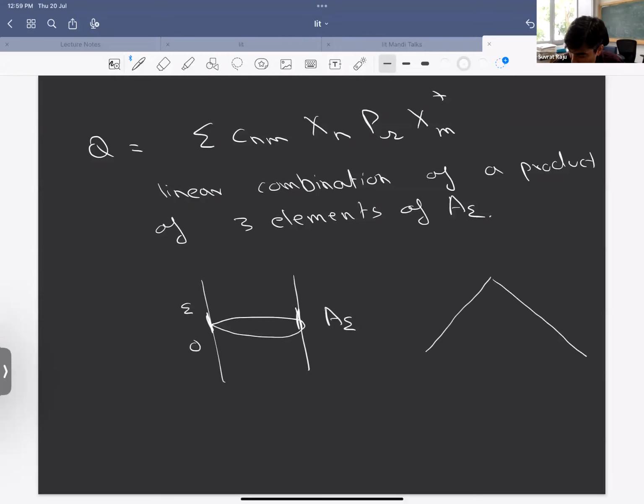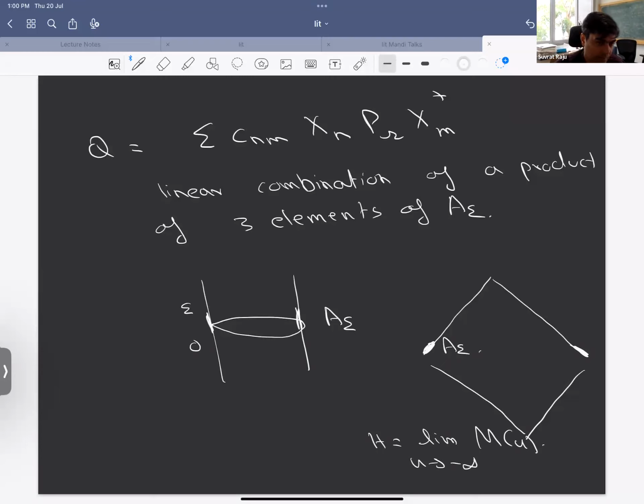Similarly, and maybe I should have been more clear about this, in flat space, my A epsilon was defined here, and in fact the Hamiltonian is defined here. In flat space, the Hamiltonian is defined as the limit as u goes to minus infinity of the Bondi mass, one of these Bondi mass operators that we had. So indeed, the Hamiltonian is an element of A epsilon. It's also an element of A, of course.